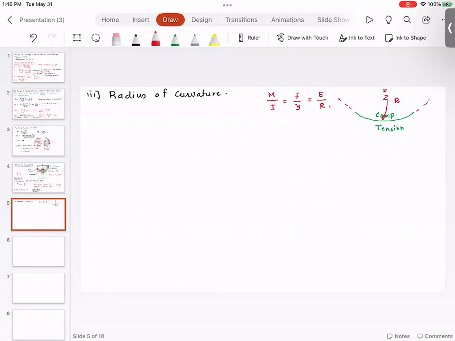Let's understand which quantity is helping us to design the cross section. The cross section of the component is decided by I. This is actually the geometry.